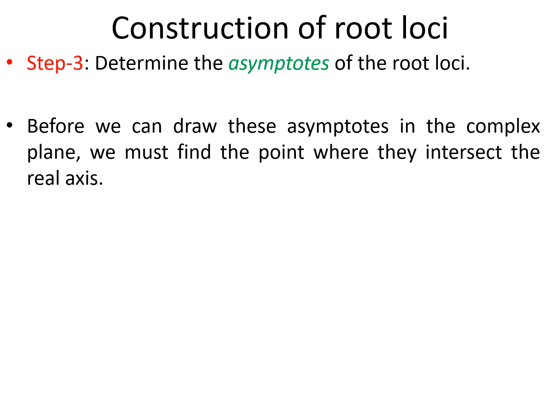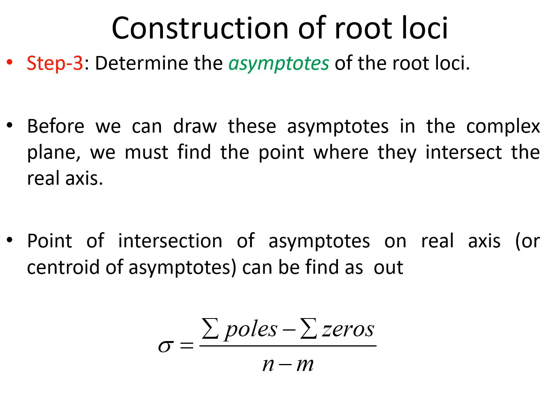Now before we draw the asymptotes or the reference lines on our plot, we have to determine the centroid for the asymptotes. The formula to determine the centroid for asymptotes is given as sigma poles minus sigma zeros divided by n minus m. So you have to add all the values of poles, subtract the sum of zeros, and divide by n minus m, or p minus z as it is taken in some books.